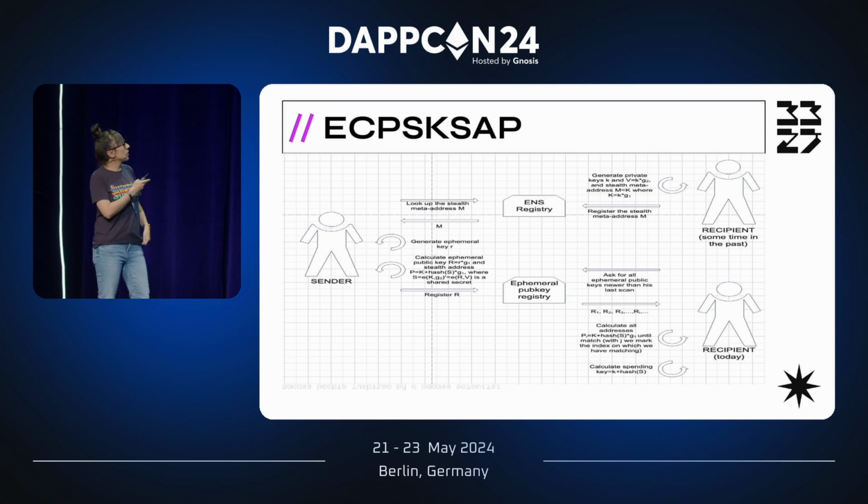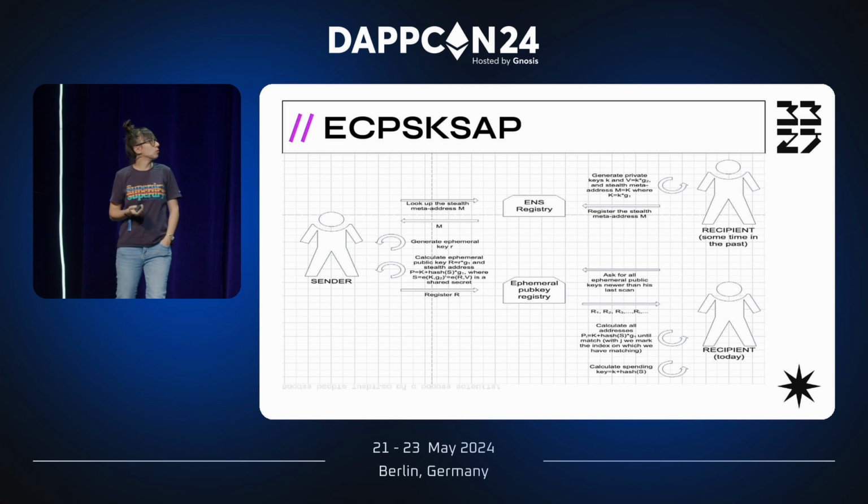After that, we mix the technique that we had before in the dual key stealth address protocol. For example, we calculate S. S is not a shared key like we had in the Diffie-Hellman approach. S will be the result of pairing. But the public key of the address we can calculate like in the Diffie-Hellman approach.